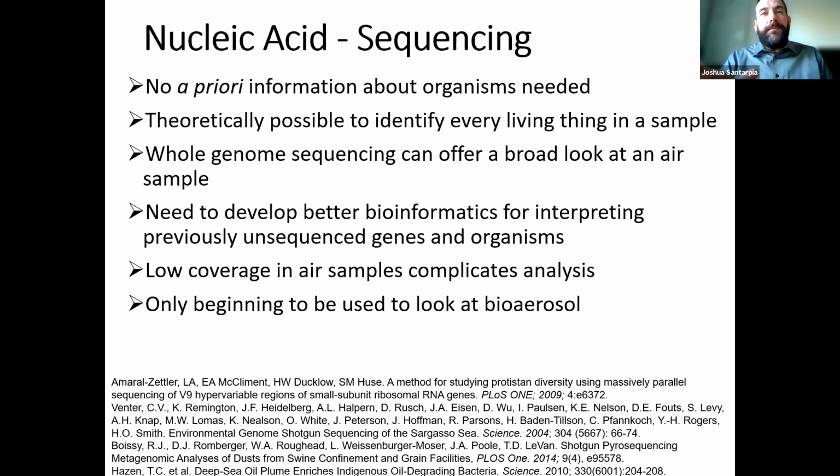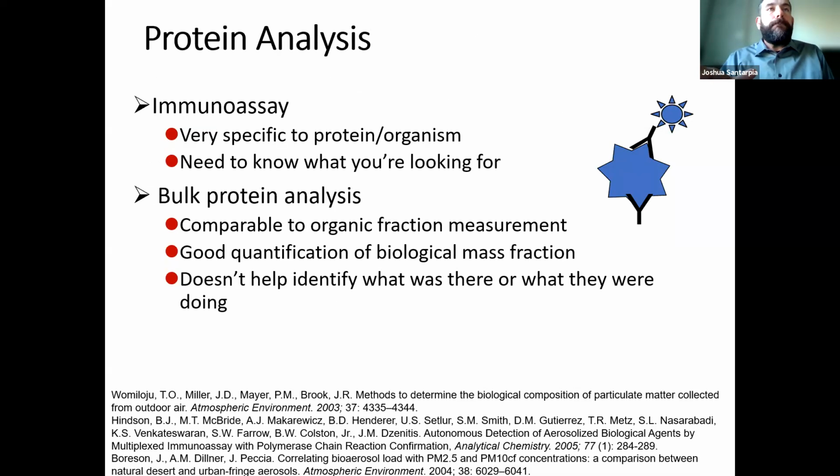And bioinformatics becomes a problem here, especially when you're talking about environmental samples. And low coverage, as I said before, the reason we do amplification for things like 16S is because there's not a lot of bacteria or viruses or anything in any air sample you're going to collect over any reasonable amount of time. So you wind up with low coverage and then low ability to identify.